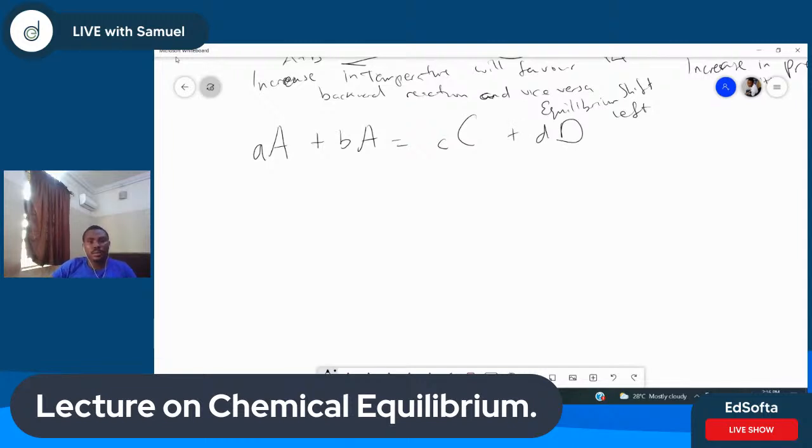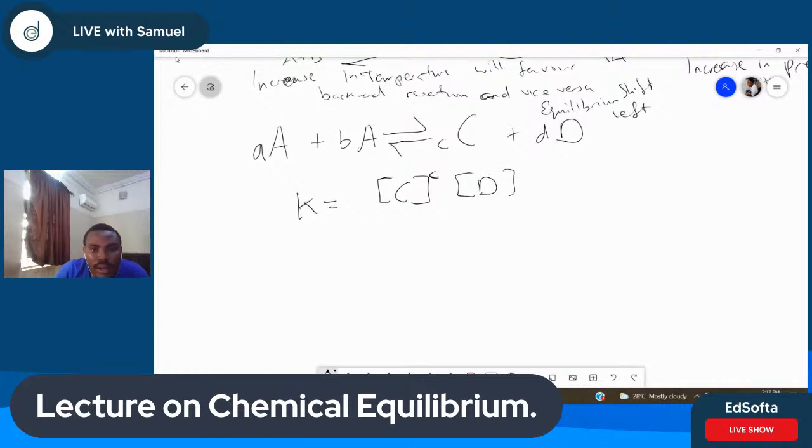Now, if you are asked to find the equilibrium constant, all you need to do is say K is equal to C raised to the power small c.